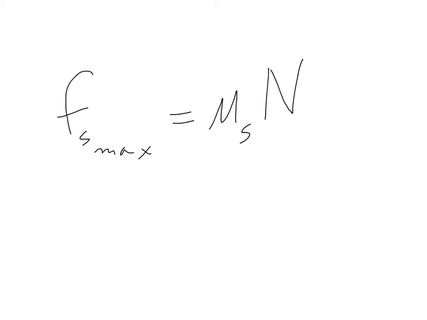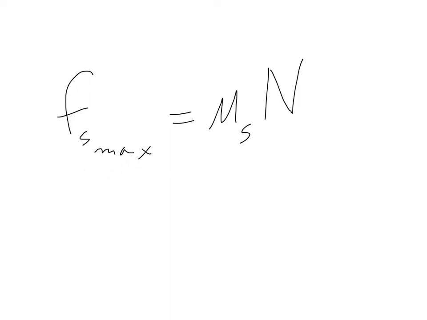The only equation we have for static friction is this one, Fs max equals mu s times normal force, where capital N stands for the normal force. Mu s is something called the static friction coefficient, and that's something that engineers have to measure. They have to measure the maximum static friction force for any two given surfaces, and the normal force applied to those two surfaces, and they measure with some kind of force meter the maximum possible static friction force.